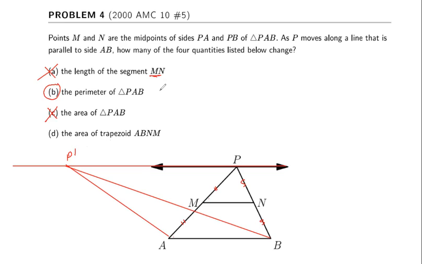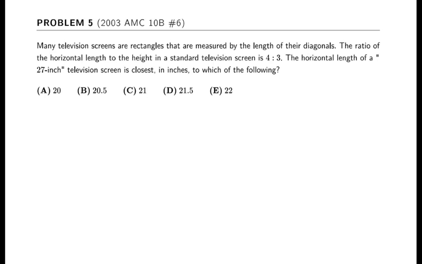So we are looking for the ones that change, and only one thing changes, which is the perimeter of PAB. The question was asking how many of these actually change, which is only one. That was a nice question to test the similarity background as well, and it is actually way easier than the other ones.